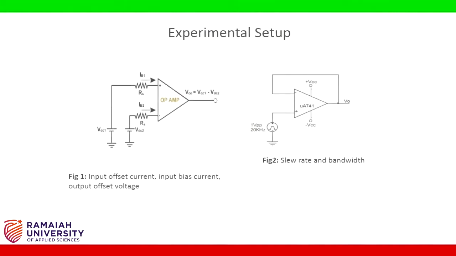Let us set up the experiment to measure the operational amplifier parameters like input offset current, input bias current, and output offset voltage as shown in figure 1. Let us start the circuit connection to measure the other parameters like slew rate and bandwidth as shown in figure 2.